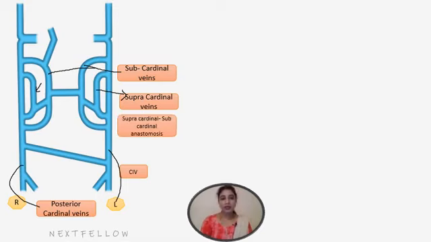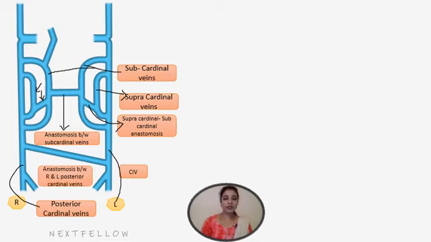Supracardinal and subcardinal anastomosis. We can see a communication between these two veins, supracardinal and subcardinal. Similarly, you can see on the right side as well. This is the supracardinal subcardinal anastomosis, and we can see the anastomosis between the right and left subcardinal veins, and also the anastomosis between the right and left posterior cardinal veins.